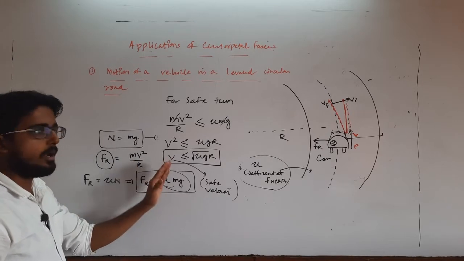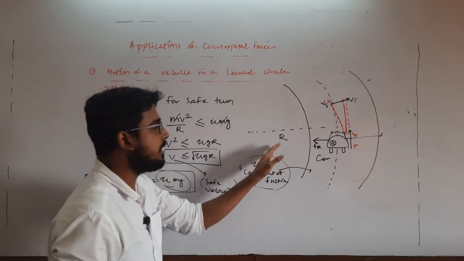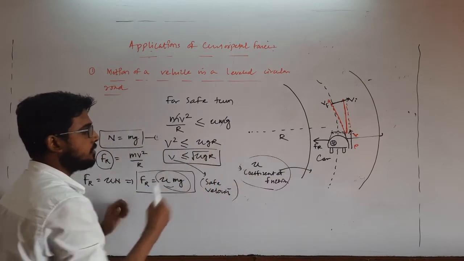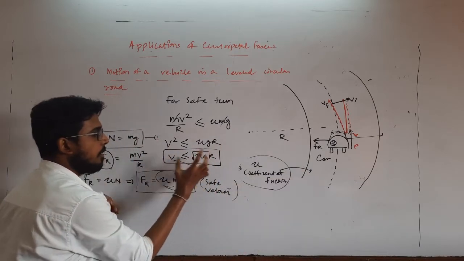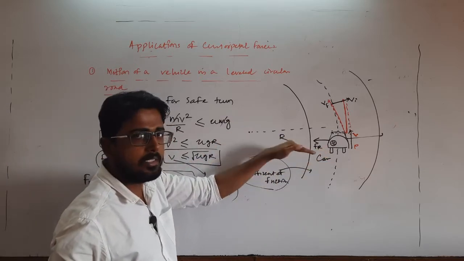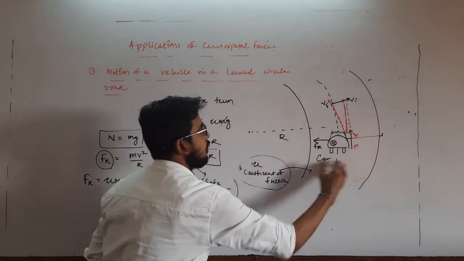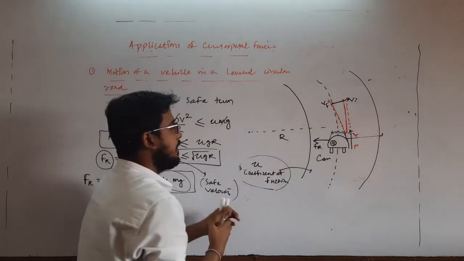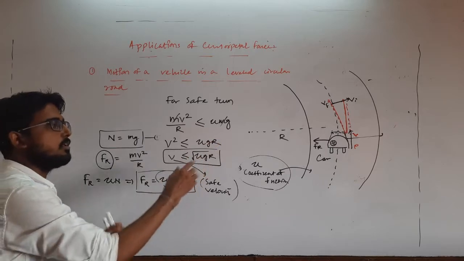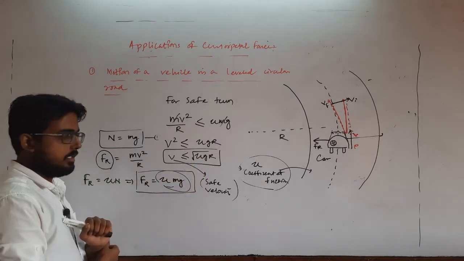Then what is the safe value of speed to take a turn in a circular track of radius R? Under root mu g R. So you have to remember this formula. So for taking a safe turn in a circular level track, that means this surface is level, the safe speed is under root mu g R. What is mu? Mu is the coefficient of friction of the track. Clear?